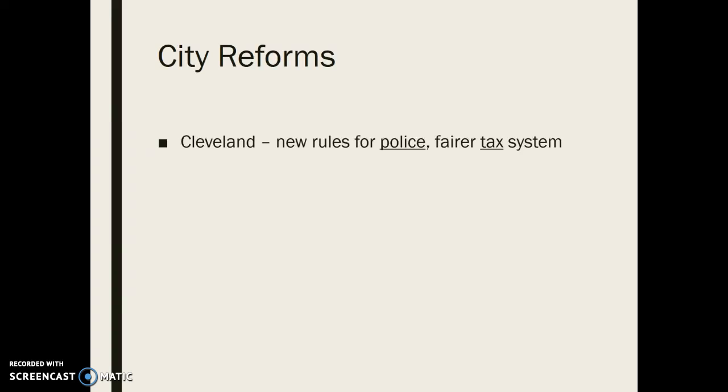3 levels of reform. If we're talking about government reform, city reform, state reform, national reform. Just a couple examples of city reform. A city like Cleveland in Ohio passed new rules for police, holding police accountable and making sure that they're actually protecting and serving and not abusing their power. Also passed a fairer tax system that taxed the people at the top the most and the people at the bottom the least.